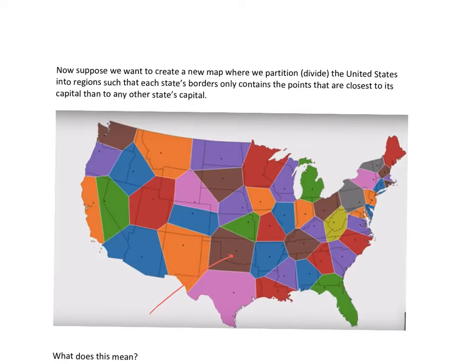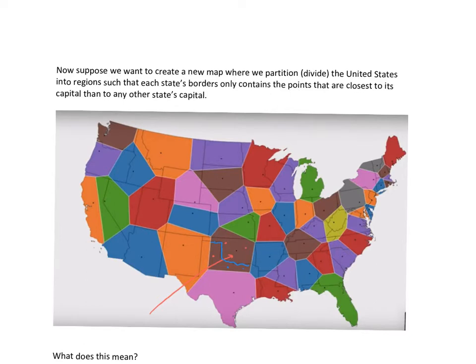So a city up here or a city over here or a city down here, those are all points that are closest to Tulsa, Oklahoma, the capital of Oklahoma, than to any other state capital, which is really interesting because as we get into this region here, we're looking at Texas, but there are points within the state of Texas that are actually closer to Oklahoma's state capital than they are to Texas's state capital.